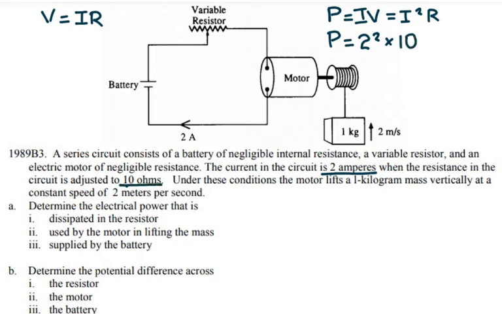That is 4 times 10, which gives me 40 watts. So that's the power dissipated by the resistor.